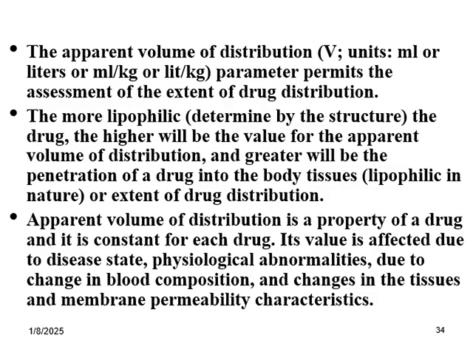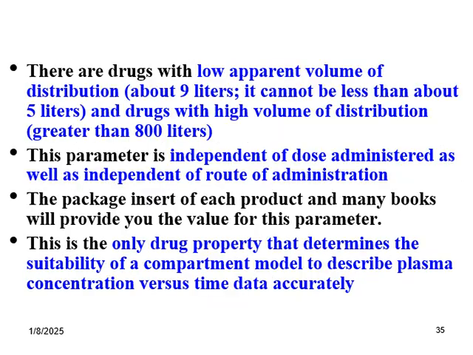There are some, I cannot call it cut-off lines or cut-off values or threshold, but there are drugs with low apparent volume of distribution and drugs with high volume of distribution. For low apparent volume of distribution, about 9 liters, and actually cannot be less than about 5 liters because our blood is like that.